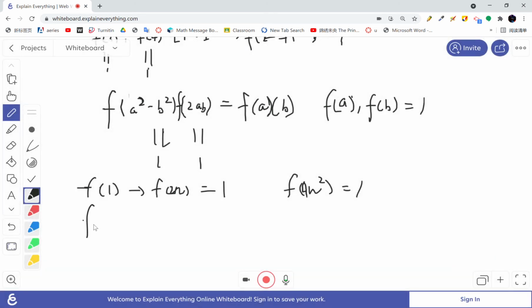2n plus 1 is equal to, wait, f of n plus 1. Okay, yeah. So f of n plus 1 is equal to f of n plus 1 square minus n square.